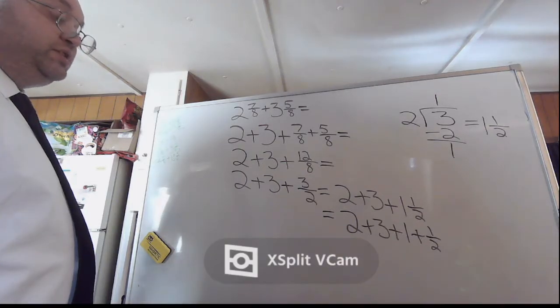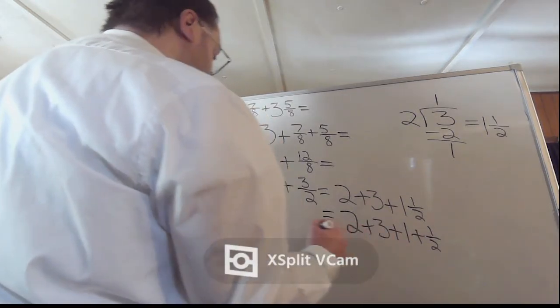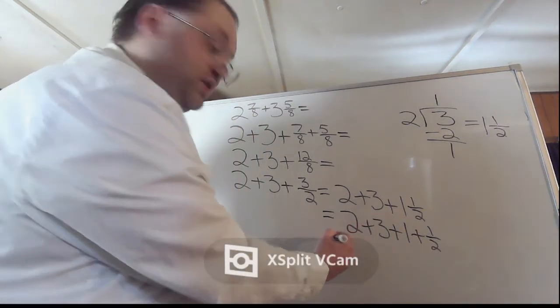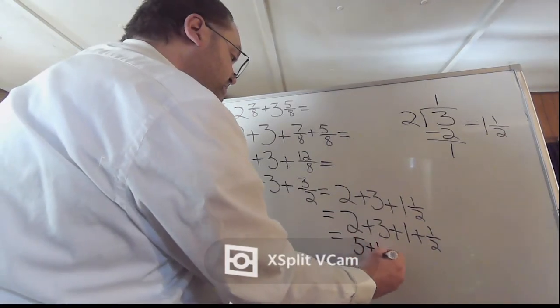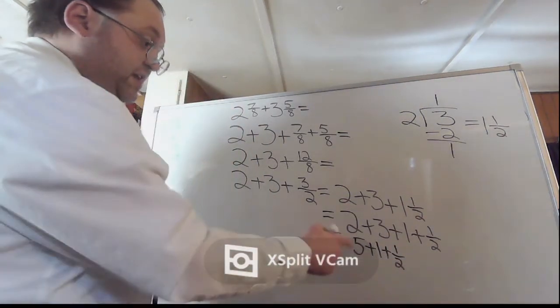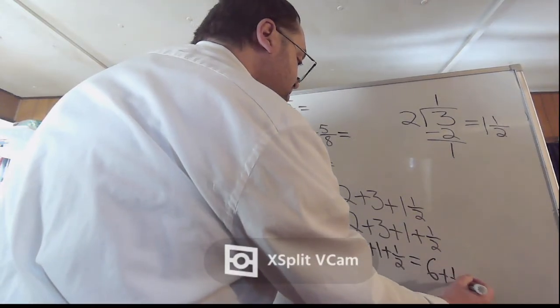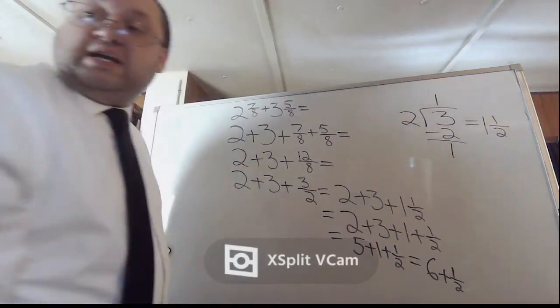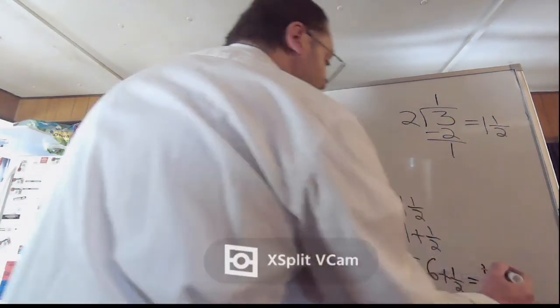Now it's just a simple addition problem. 2 plus 3 is 5, plus 1, plus 1/2. So 5 plus 1 is 6. You'll have 6 plus 1/2, which as your final answer is just going to give you 6 1/2. And that would be your answer to this problem: 6 1/2.